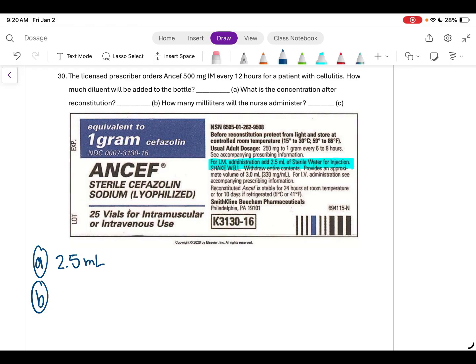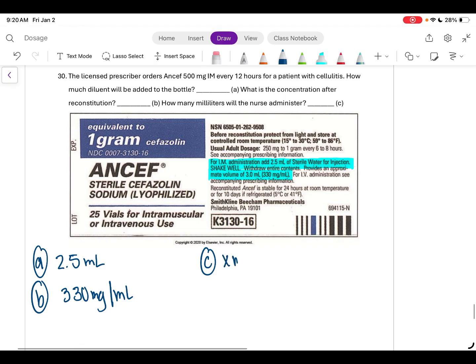What is the concentration after reconstitution? Right. Again, it's down here. Right. So our concentration is going to be 330 milligrams per milliliter. Right. And then C, how many milliliters will the nurse administer?